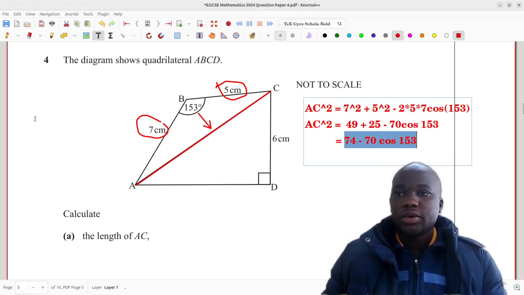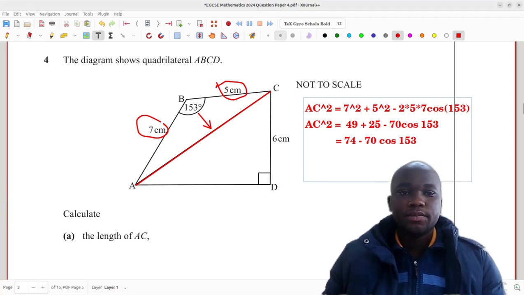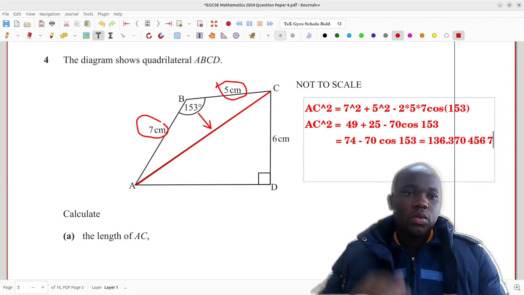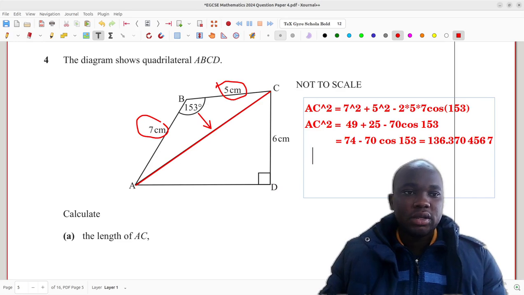We are getting 136.37, and then let's take the square root of that.